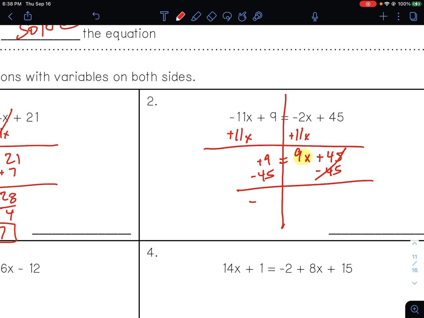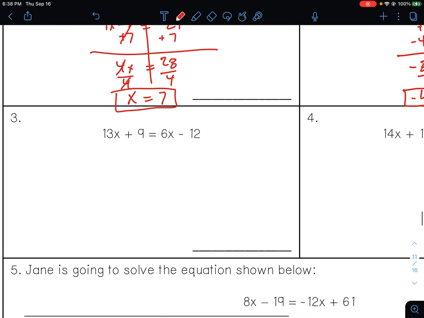Equals 9x. Now I need to divide by 9, cancels that out, divide by 9, and x equals negative 4, because negative 36 divided by 9 is negative 4. All right, let's try this next one.